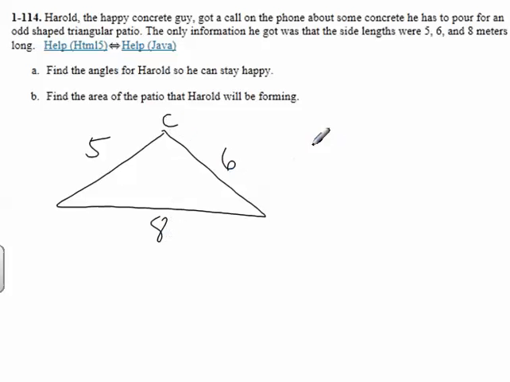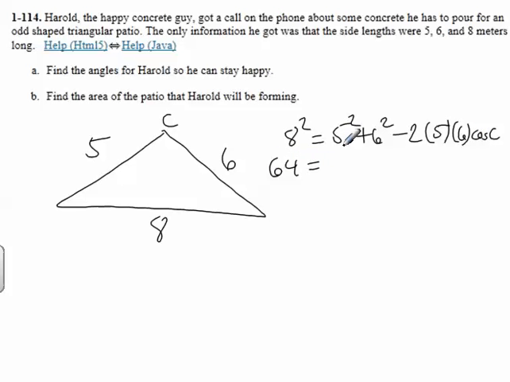If this is angle C, then this is side c, so we're going to go 8 squared, that's the c squared, equal to 5 squared plus 6 squared minus 2 times 5 times 6 times cosine of angle C. So let's calculate each of these. 64 equals 25 plus 36, 61, minus 60 cosine C.